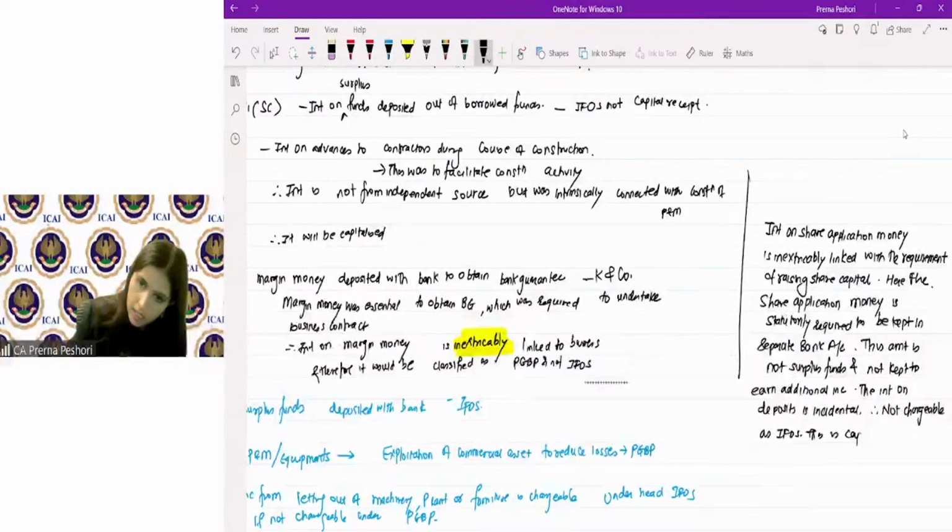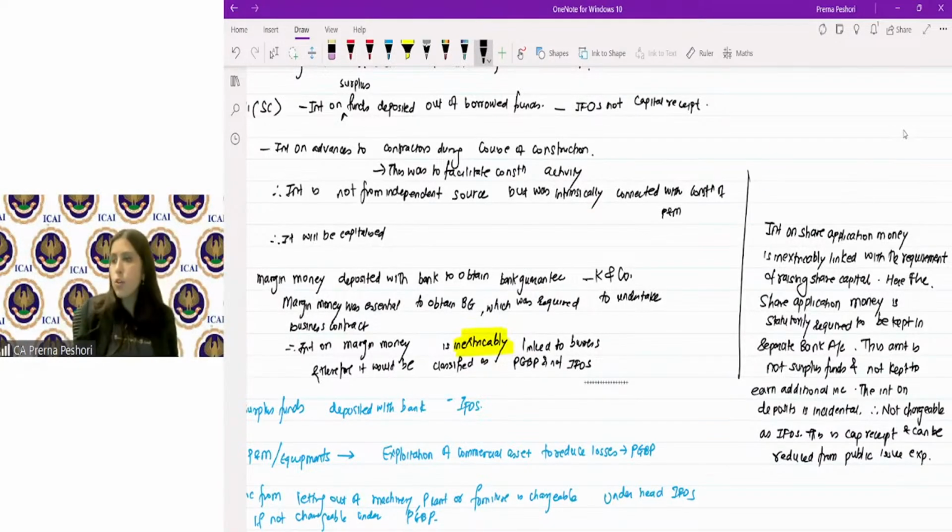This is capital receipt and can be reduced from public issue expenses. So expenses for issue of share capital, from that you can reduce it, and the balance expenditure of course you can claim under 35D, which is the preliminary expenditure.